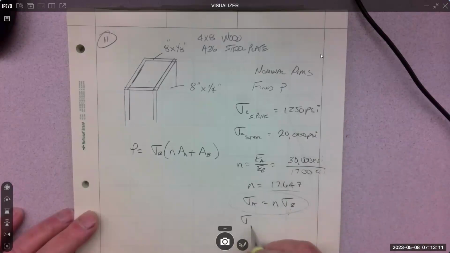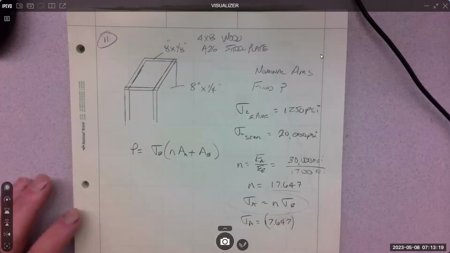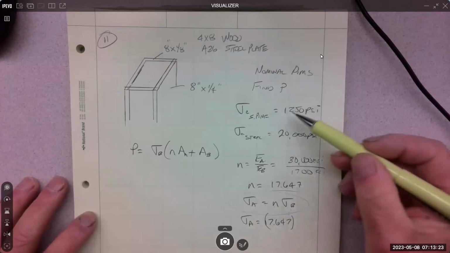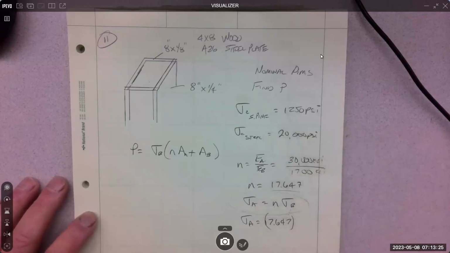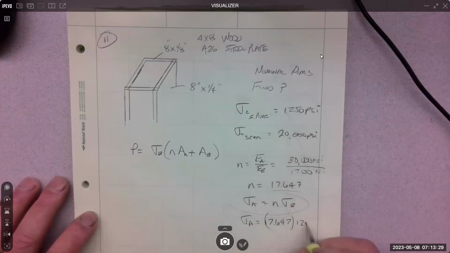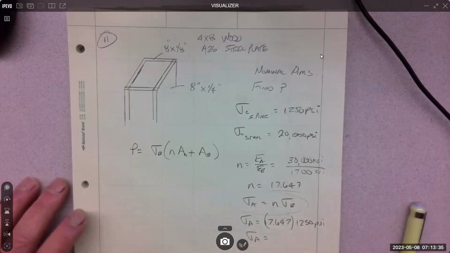So stress A is going to be 17.647 times stress B. And I think maybe I elaborated that we always put this in as the control. Well, if I do that, then stress in A becomes a pretty large number.